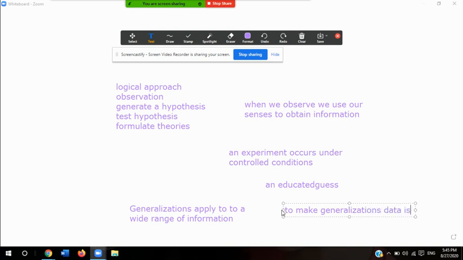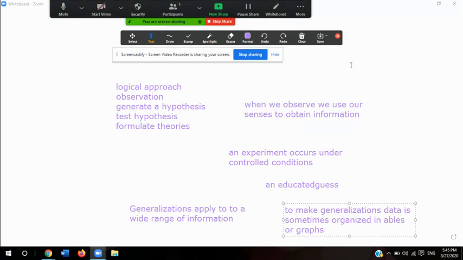Data is sometimes organized in tables or graphs. And that's very important in experimentation. Tables and graphs are very important because they help scientists come up with the conclusions that they need to know if the hypothesis is true or not.